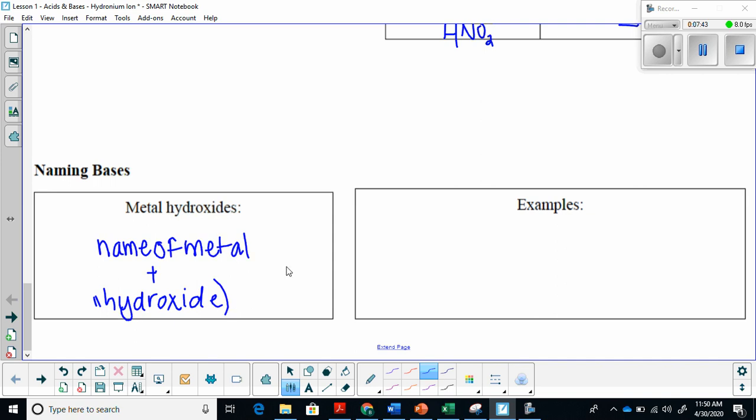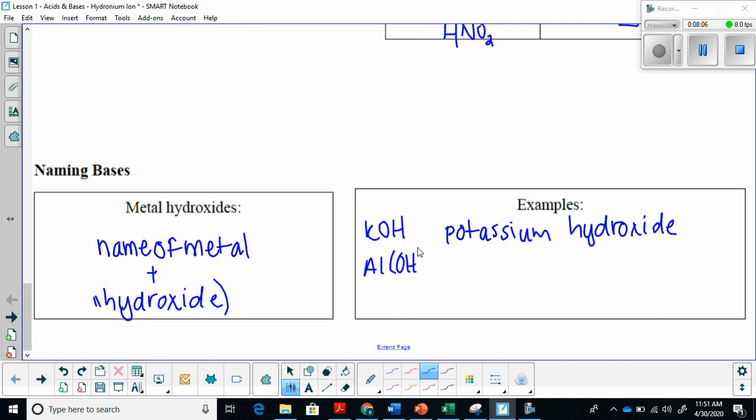So let's say we have KOH. The name of this ionic compound would be potassium hydroxide. Okay, let's do another one. Let's say we have Al(OH)3.